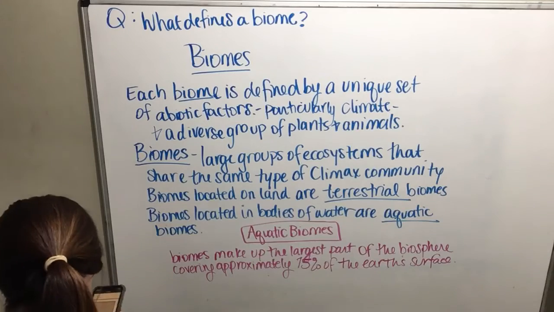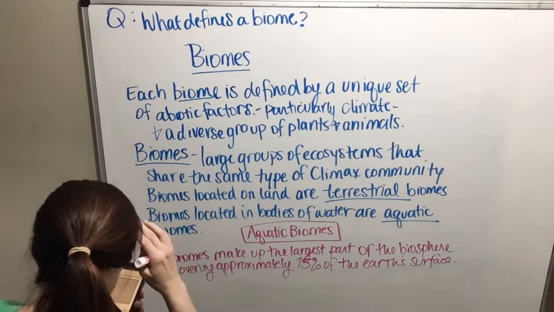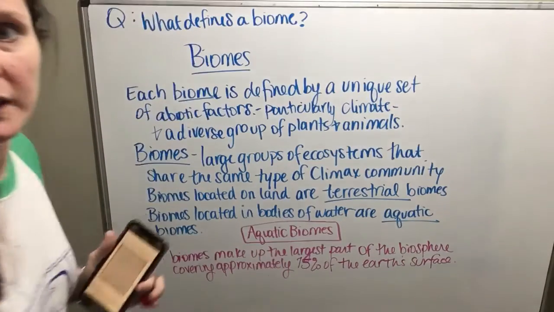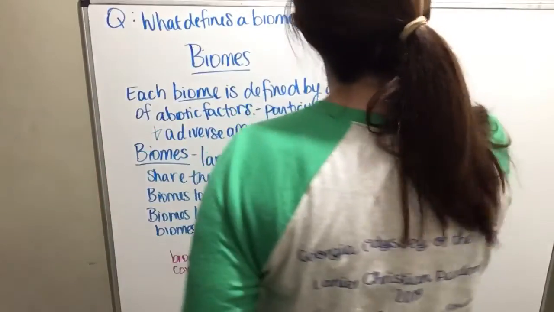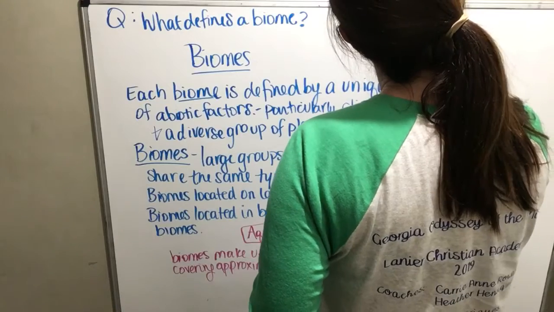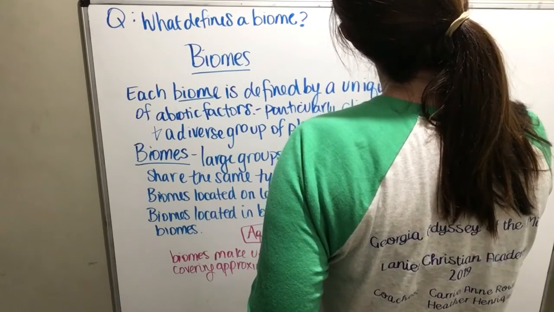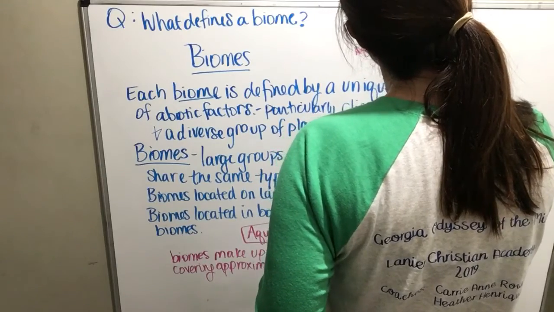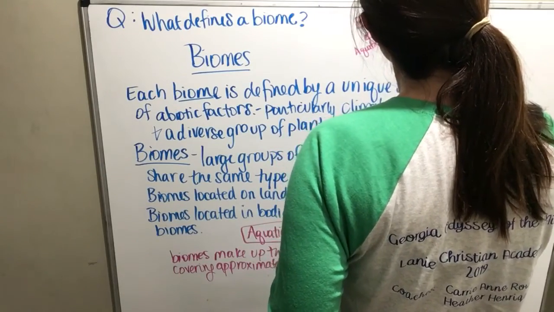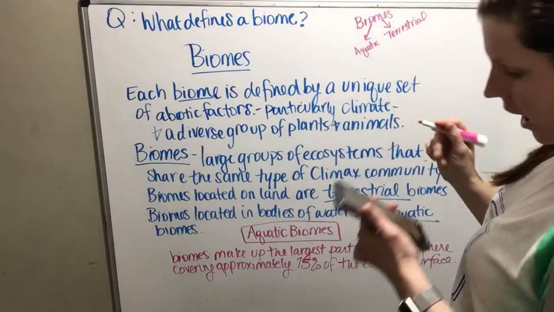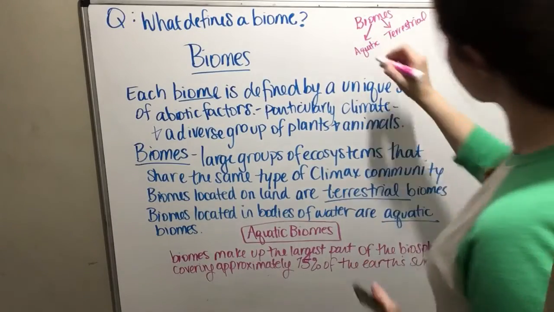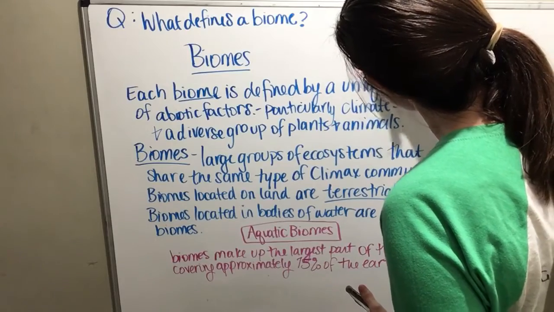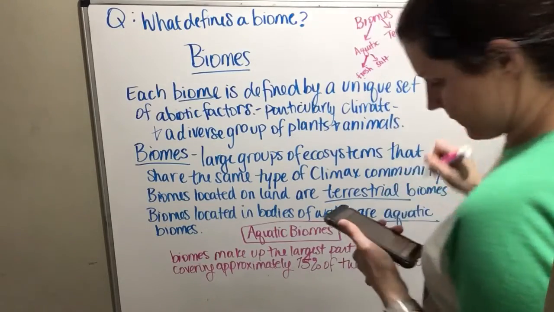Okay? Now, if I draw a little, I'll do it up here real fast. So we can put biomes. Then we can split it into aquatic and terrestrial. The aquatic ones themselves can be separated into two groups, freshwater and saltwater.